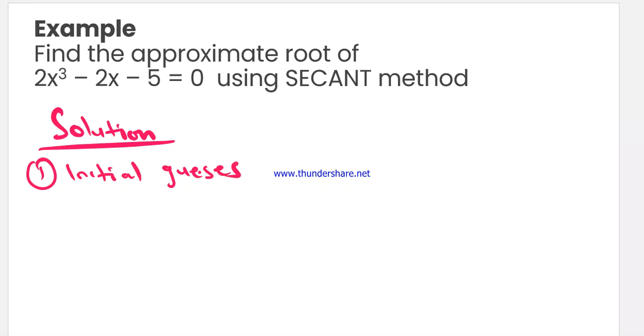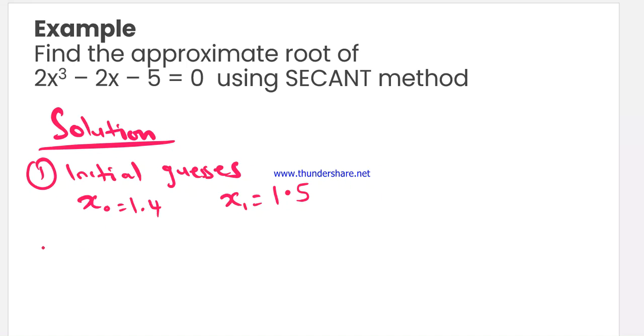You remember when we followed the procedure we used, we found our x to be 1.5. But now we need two initial guesses. Let's take the first one as 1.4 and the second one, which is what we chose then, as 1.5. So these are the two initial guesses.